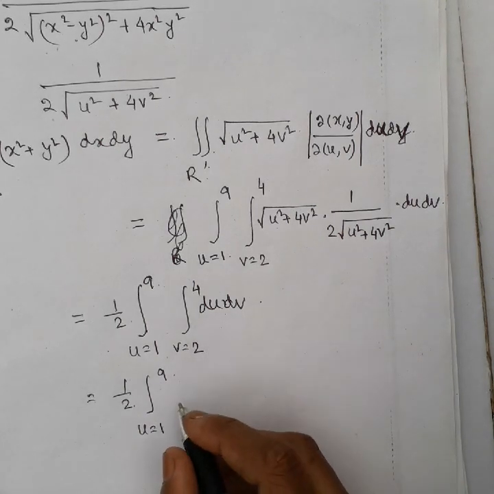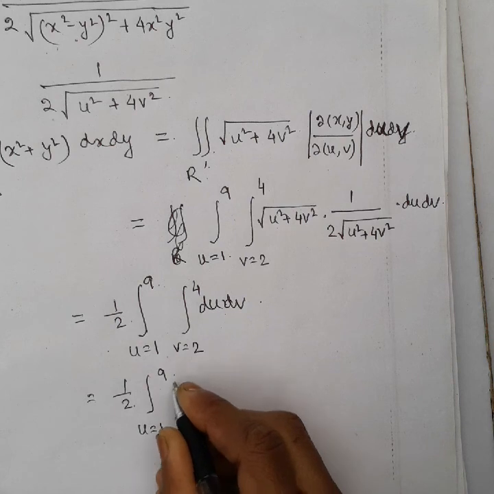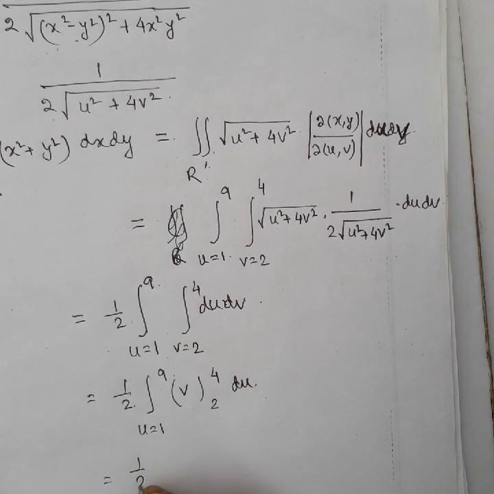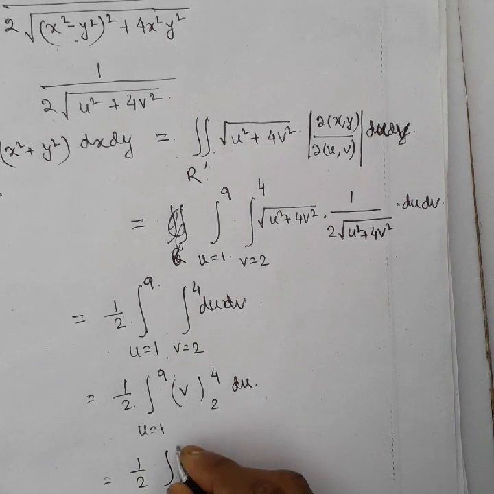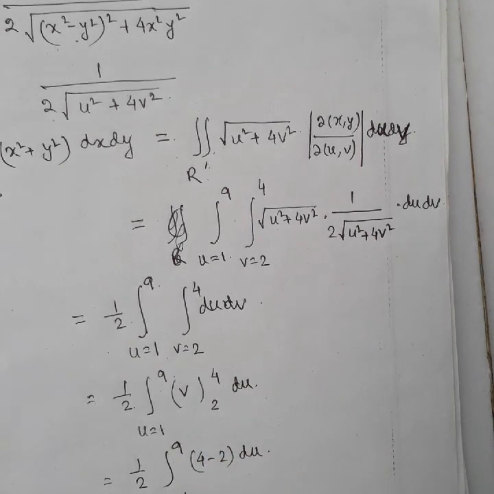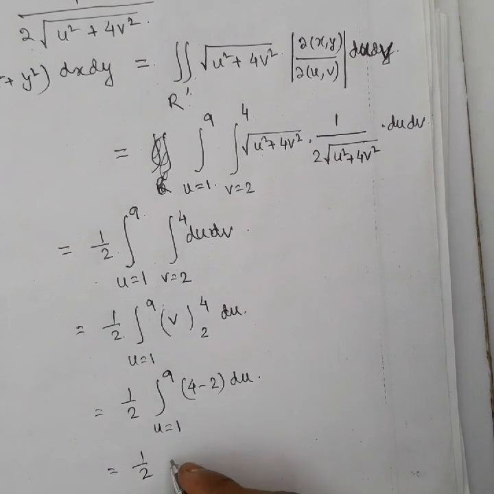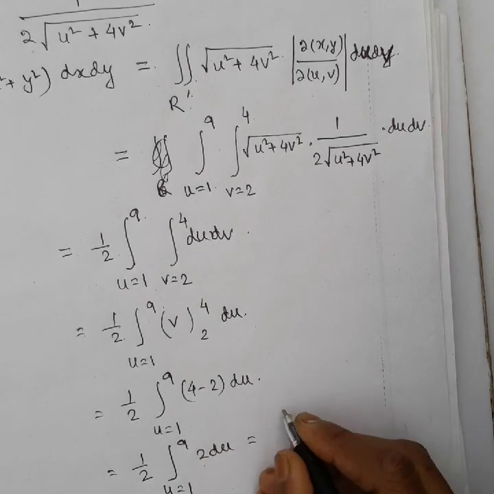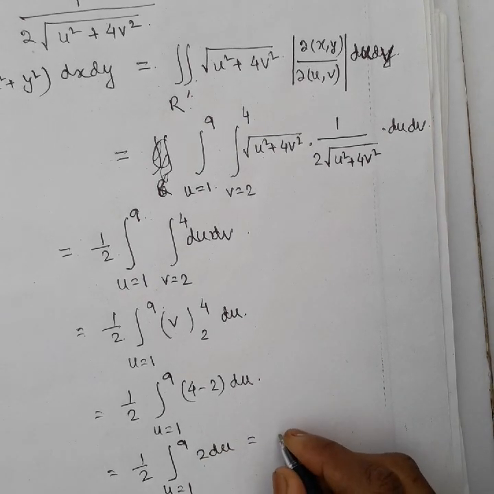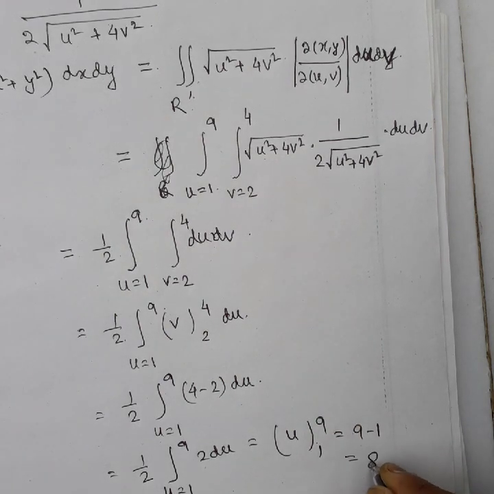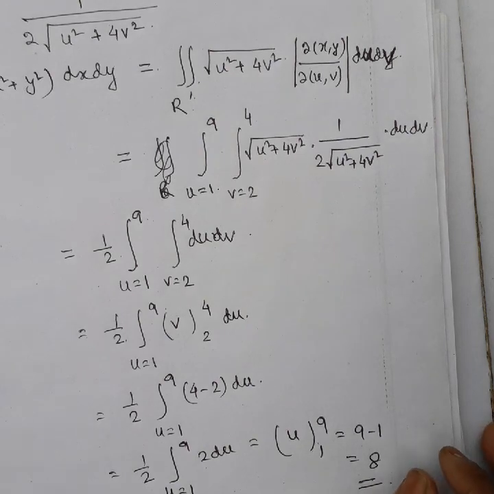If we integrate with respect to v, this will be v from 2 to 4 du, that is half of u is equal to 1 to 9, 4 minus 2 into du, that is half of u is equal to 1 to 9, 2 du, that is u from 1 to 9, 9 minus 1, that is equal to 8. So this is our answer.